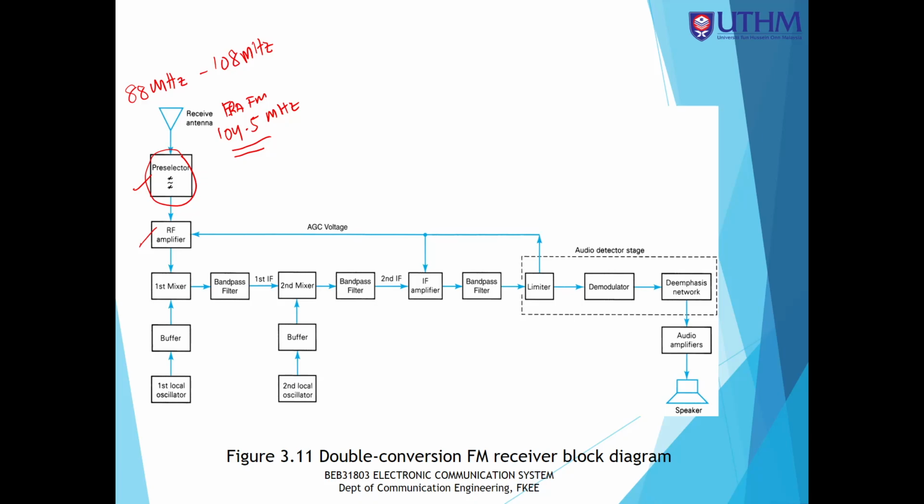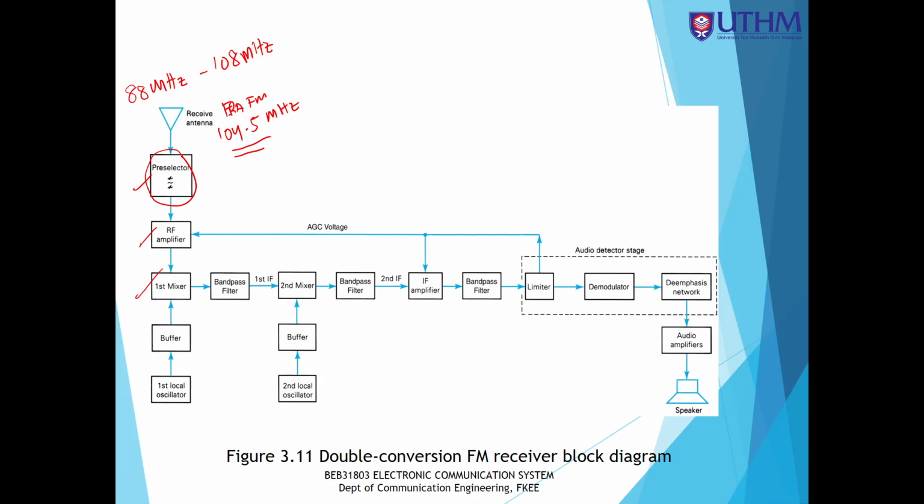So we need to amplify the amplitude of the signal so that it is easy for us to do the next process. The next process is the first down conversion. So we send the signal through the first mixer converter.